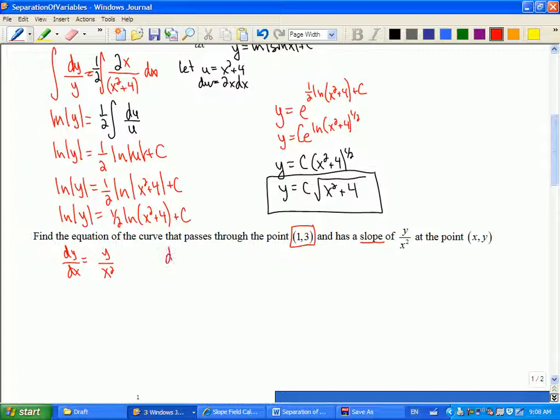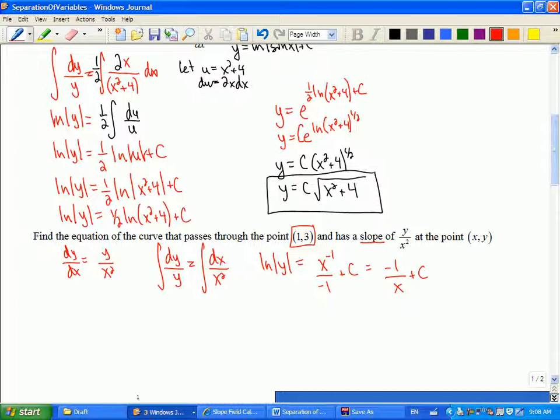So my separation of variables in this case will be dy over y is dx over x squared. And integrating, I'll get natural log of y is, so 1 higher, x to the negative 1 over negative 1, plus a constant. So I'll just call that negative 1 over x plus a constant.